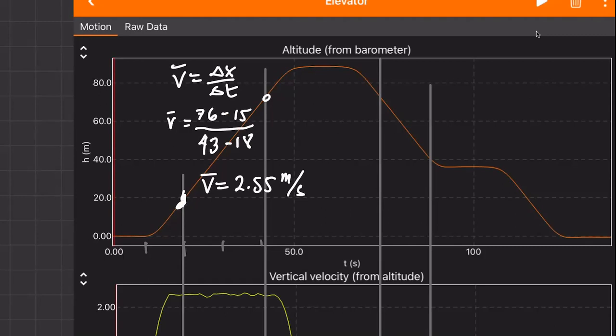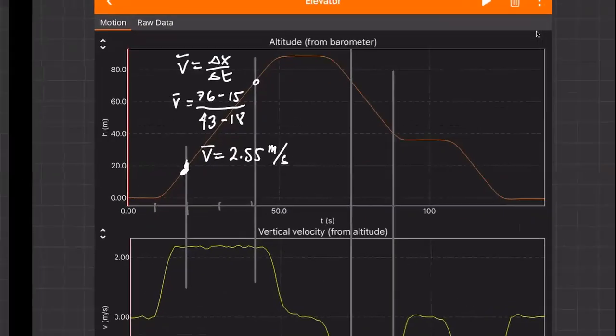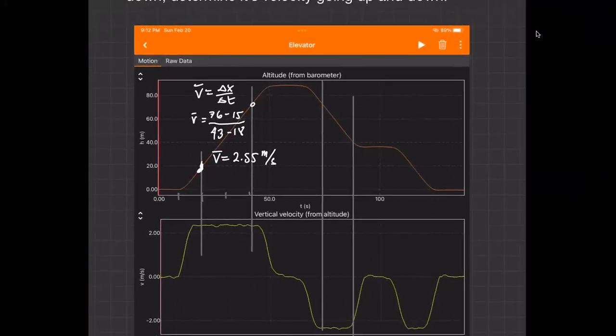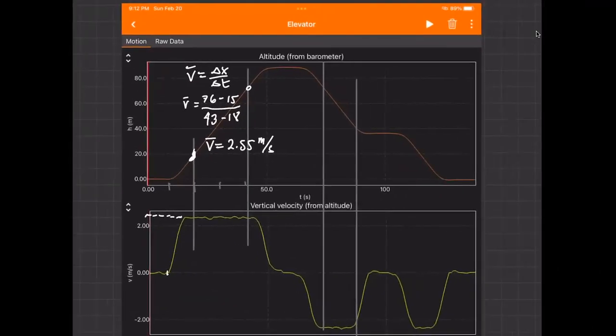Take note, going up, 2.55 meter per second. If you look at the velocity time graph, it is accelerating here, and now it's having more or less a constant velocity. Not perfect, but almost.